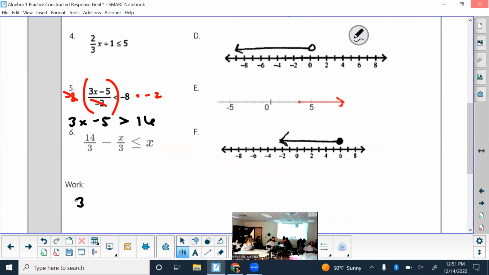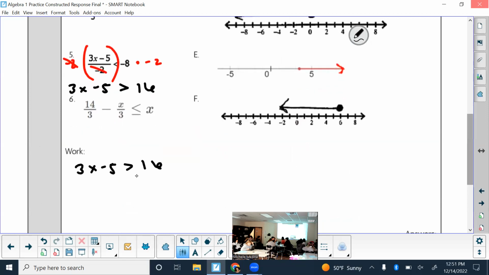And now it's a lot easier, isn't it? I'm gonna put the rest of the work down here. So from there, keep isolating the x, start with what's farther. What would I do next? Add 5. Good, whatever you do on one side. I get 3x greater than, what's 16 plus 5? And then the opposite of multiplying by 3 is dividing. Do you need to flip the sign for that?